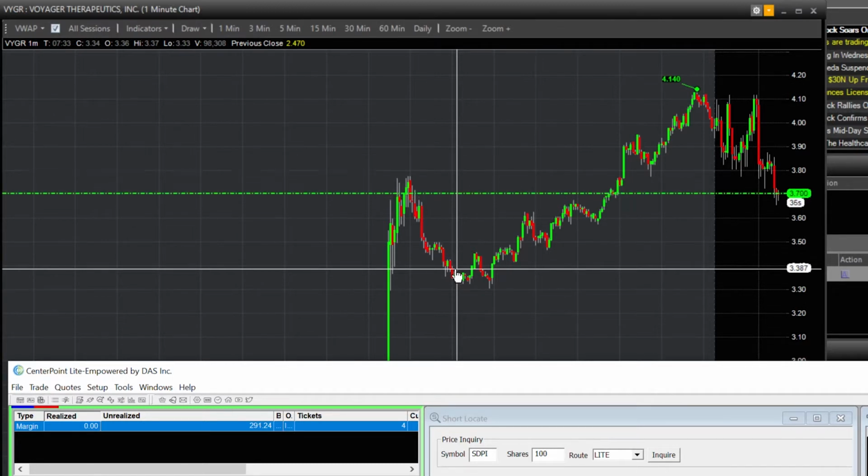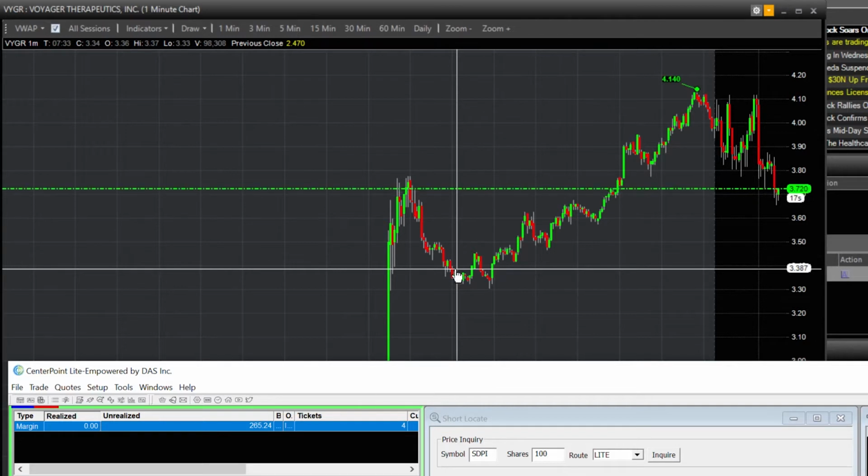Now I'm just kind of observing the action. And we're down almost 10% from its open, which is pretty solid in the first 30 minutes of the market.